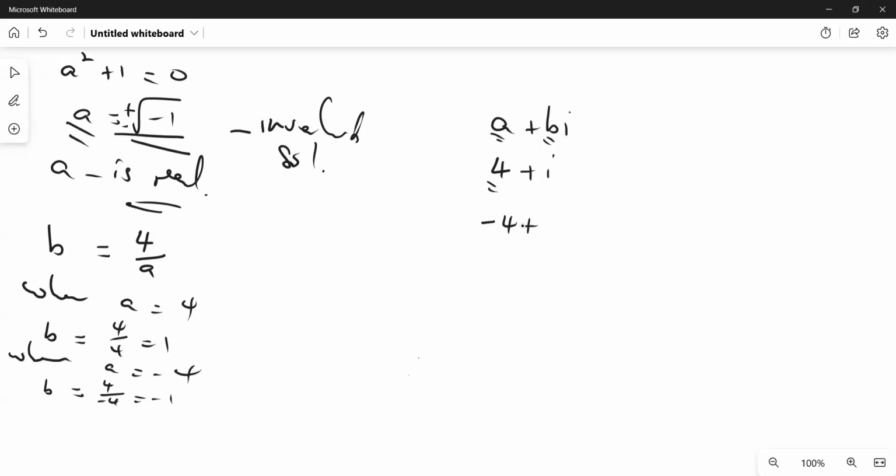So you have minus i. You have two square roots, right? So you can write it as plus or minus (4 plus i). The plus will give you that, the minus will give you this.